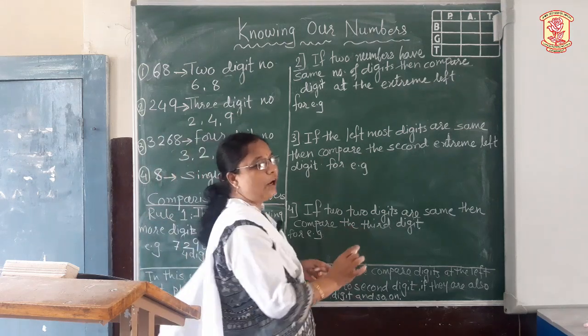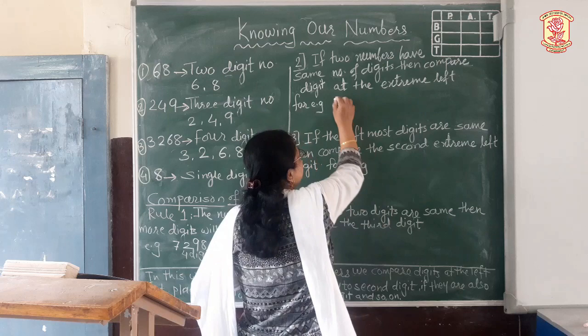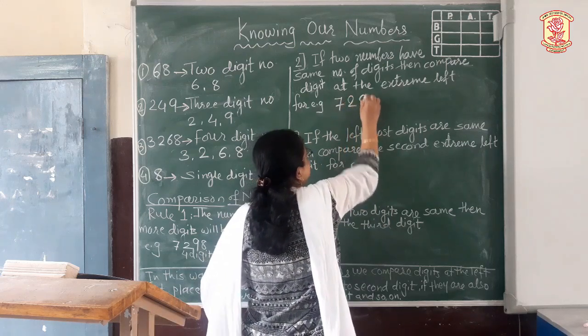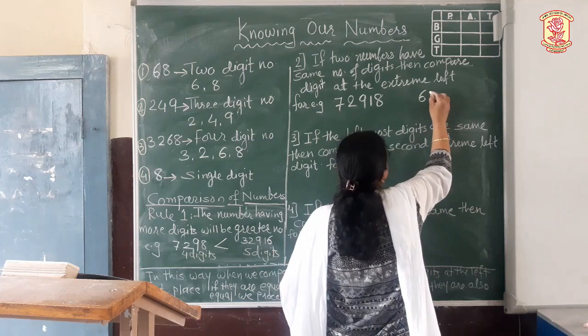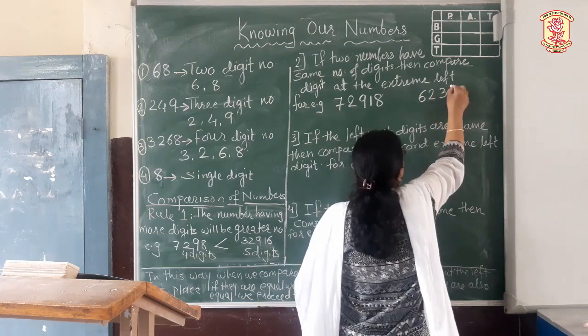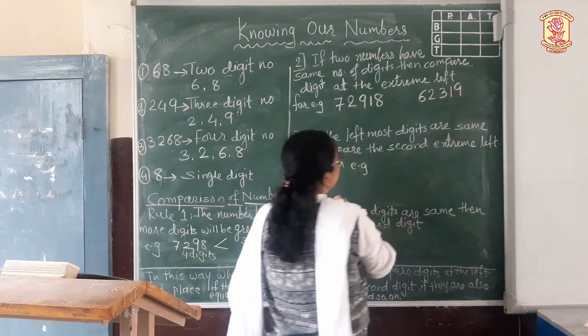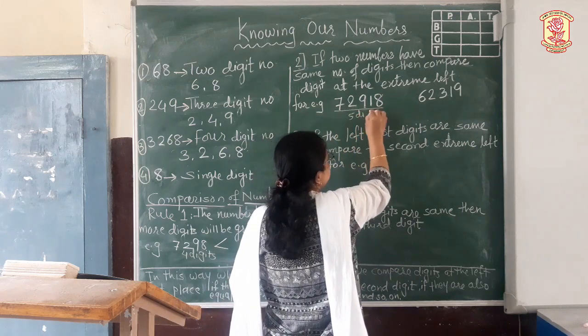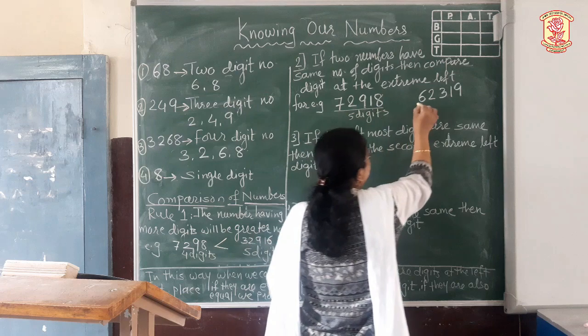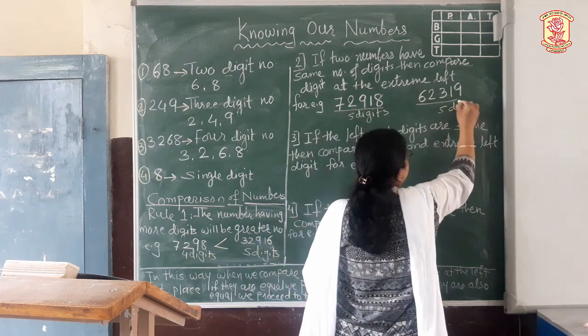Now second rule. If two numbers have the same number of digits, then we have to compare at the extreme left. For example, now see 72,918 and another number 62,319. Number of digits are same in both the numbers. Here 5 digits, here also 5 digits.